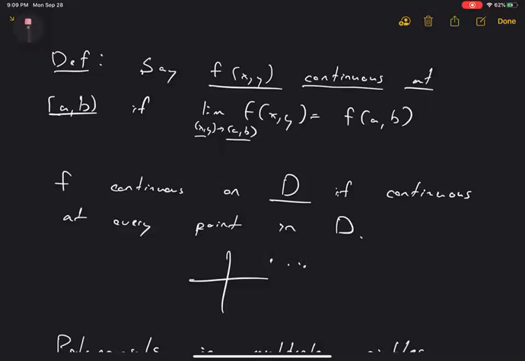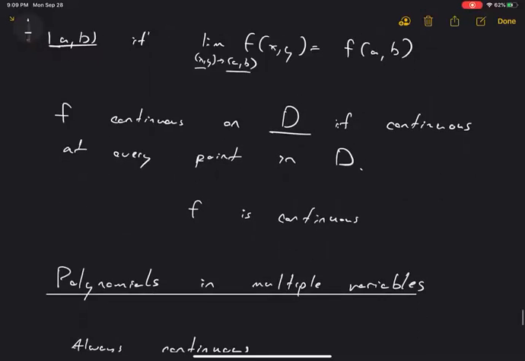So when I just say f is continuous, what that means is it's continuous at every point in its domain.